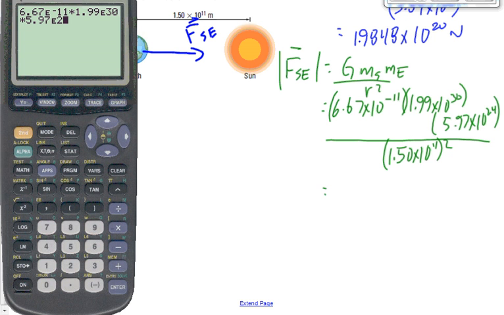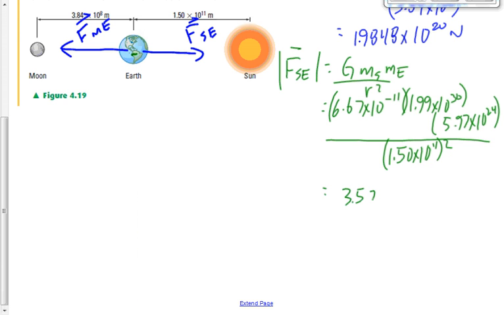Let's get the number on the top. Let's divide it by, use some brackets here, 1.5 times 10 to the 11. Square that. We get 3.5218 times 10 to the 22 newtons.